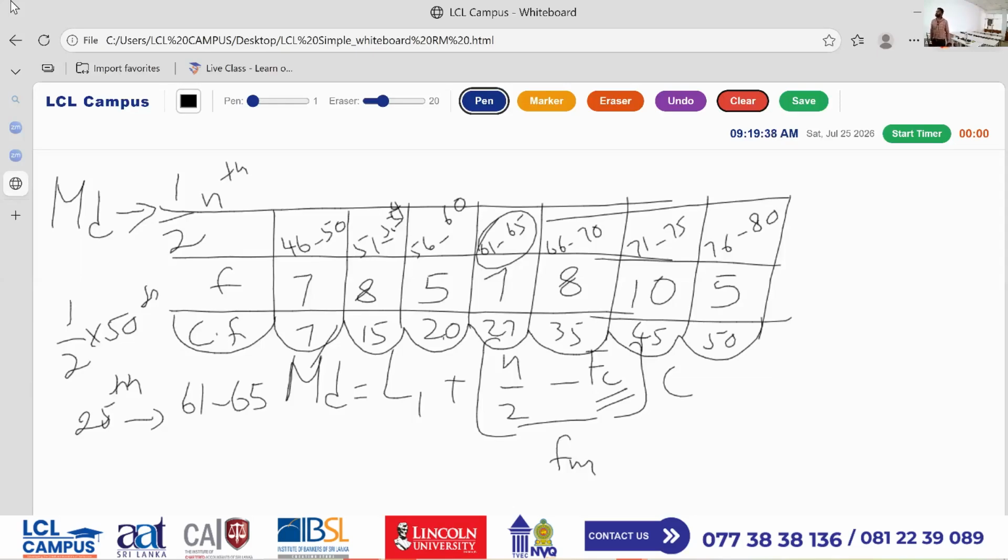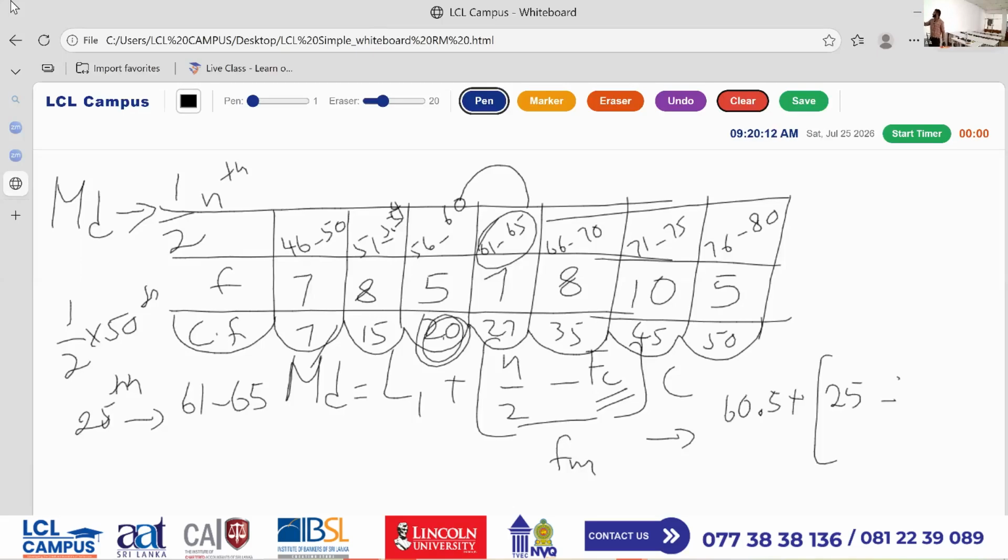Now substitute. L1, the lower class boundary of the median class, is 60.5, plus n divided by 2, which we already found is 25, minus FC, the cumulative frequency of the class below the median class. This is the median class, this is the class below. That class's cumulative frequency is 20.